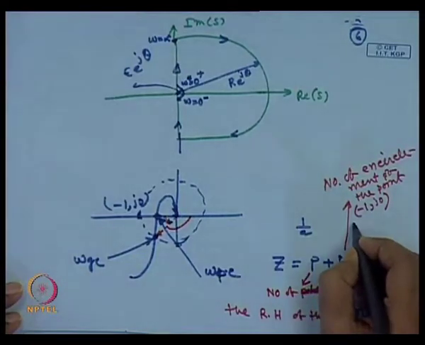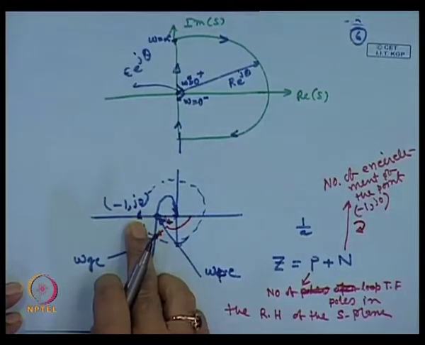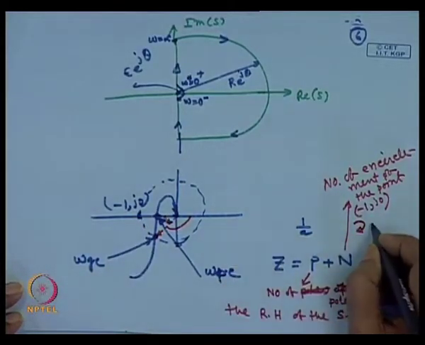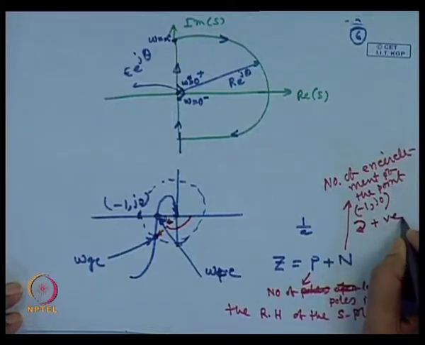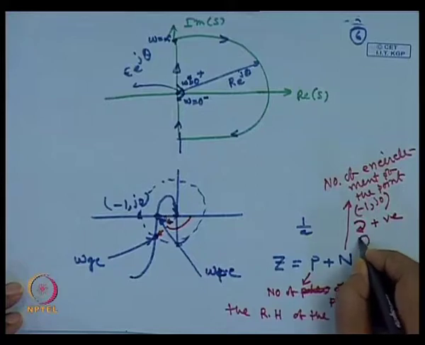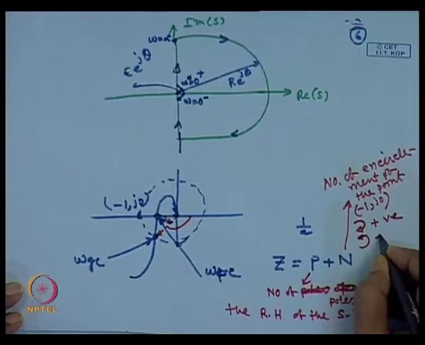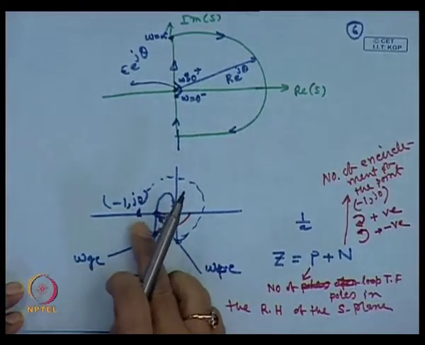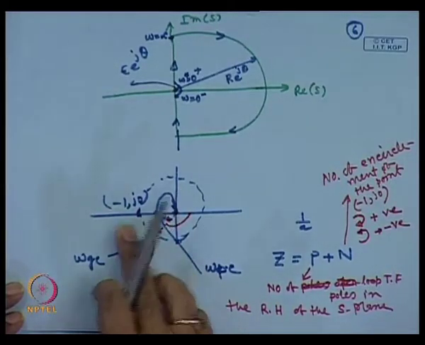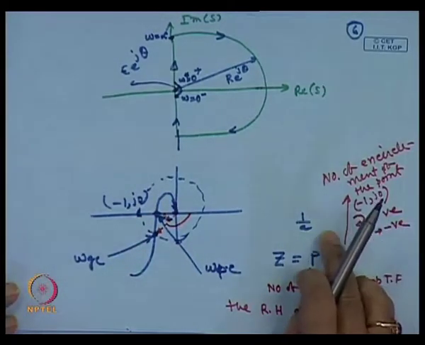If the polar plot encircles the minus 1 point clockwise, its sign will be considered positive. If it encircles the minus 1 point anticlockwise, its sign will be considered negative. That means if the polar plot encircles the minus 1 point in the clockwise direction twice, then we write plus 2.